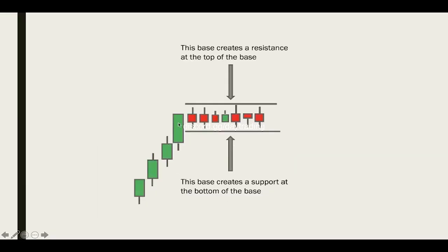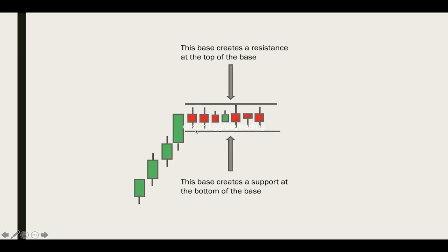This is a little graphical representation of this. We have a rally, and then we have a bunch of candlesticks that are trading at the highs of this rally. We're trading in this price range. Just understand that at the highs of the base, that is an area of resistance, because the candlesticks are sort of respecting that high of the base. So it creates a resistance.